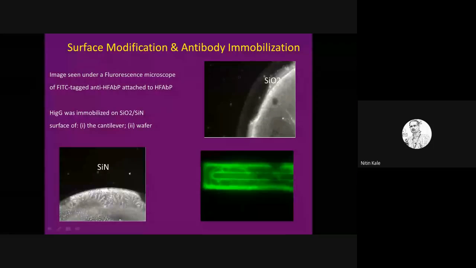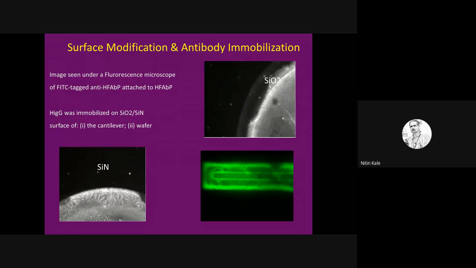For example, this is a silicon wafer surface, but it's a big substrate. This is also a big substrate. On that, you do all the things that I talked about, functionalization, and then eventually you have the primary antibody, then your fluorescence antibody, etc. You can see that fluorescence is observed under the microscope. So you can be confident that the process is correct, and then you can repeat that on the cantilevers. This is the example.